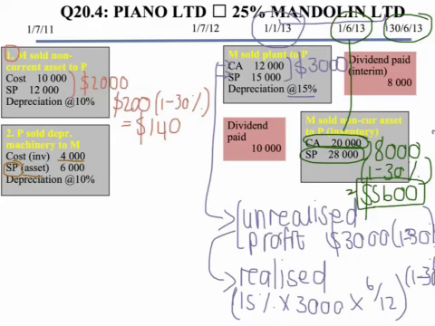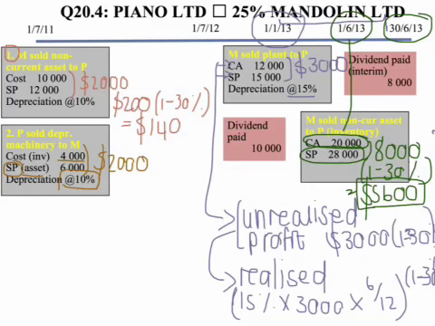The investor company Piano regarded this as inventory, whereas the associate intended to use this as a non-current asset, and therefore they depreciated it at 10% per annum. So in this case, there's also a $2,000 unrealized profit that was adjusted for in the previous financial year's calculation.